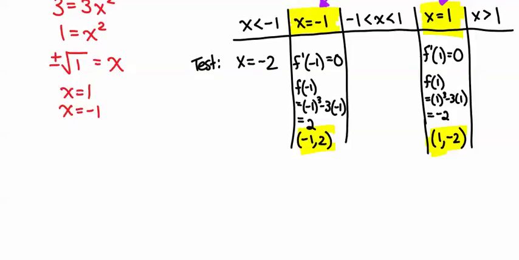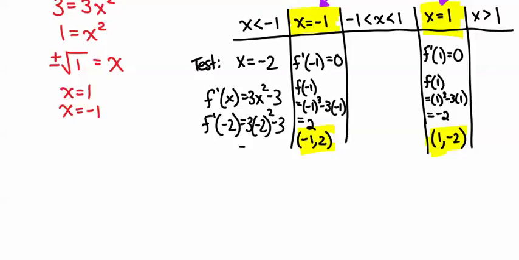So I'm going to use my first derivative, which is 3x squared minus 3. I'm going to plug in the value -2. So 3 times -2 squared minus 3 is equal to 3 times 4 minus 3, 12 minus 3, 9.